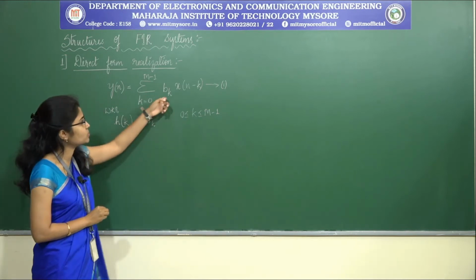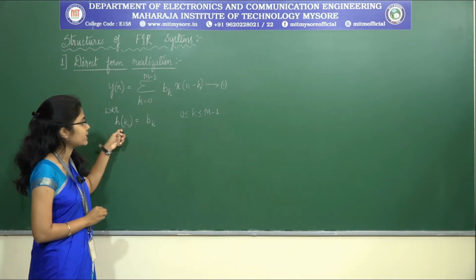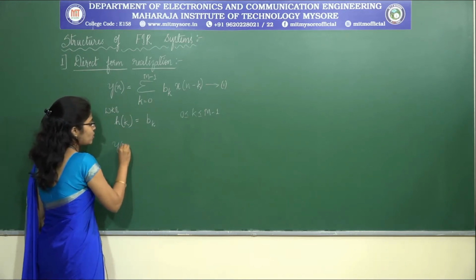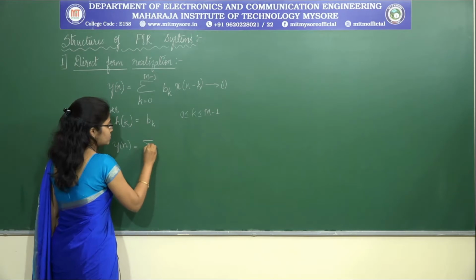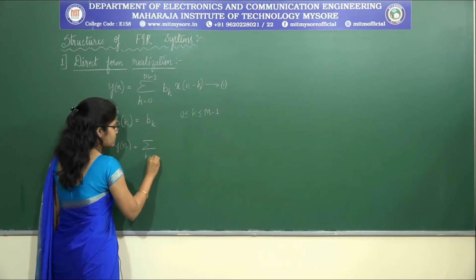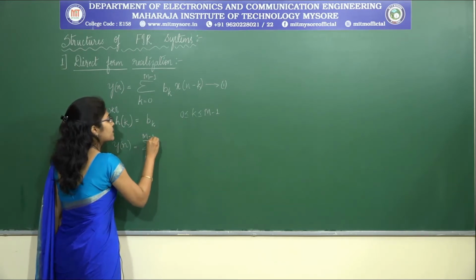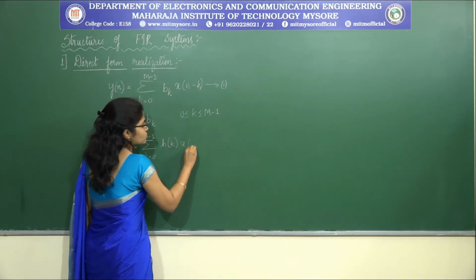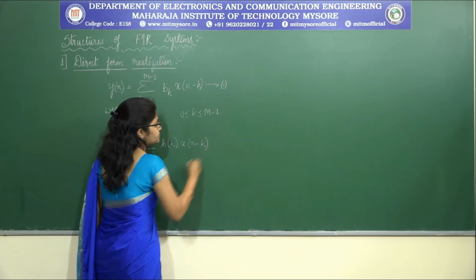So in equation 1, instead of bk, I can replace it with h of k. Therefore, y of n will be equal to summation k ranges from 0 to m minus 1 h of k into x of n minus k.